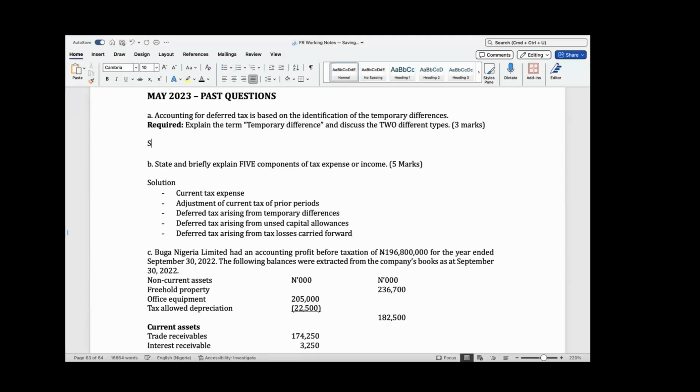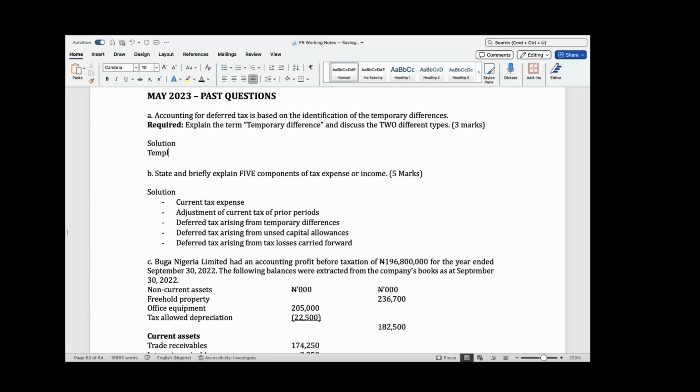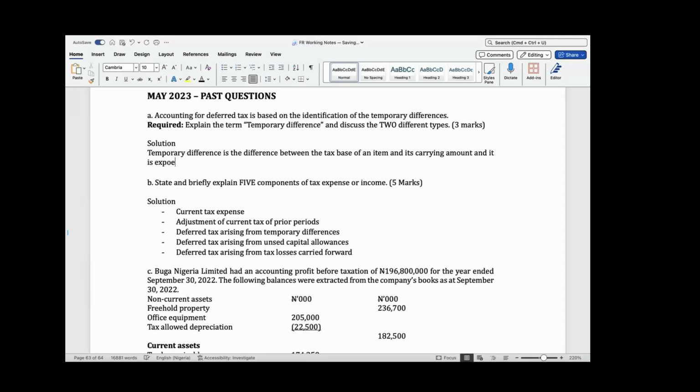Even this one, just for making your life a little easier when you're revising with this material: temporary difference is the difference between the tax base of an item and its carrying amount, and it is expected to reverse in the future.